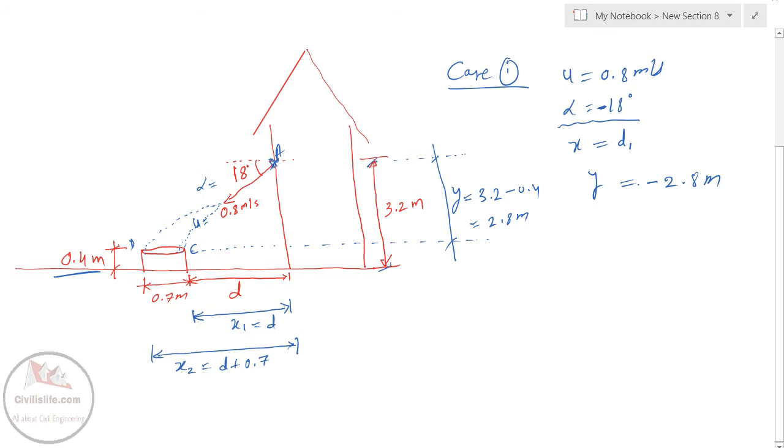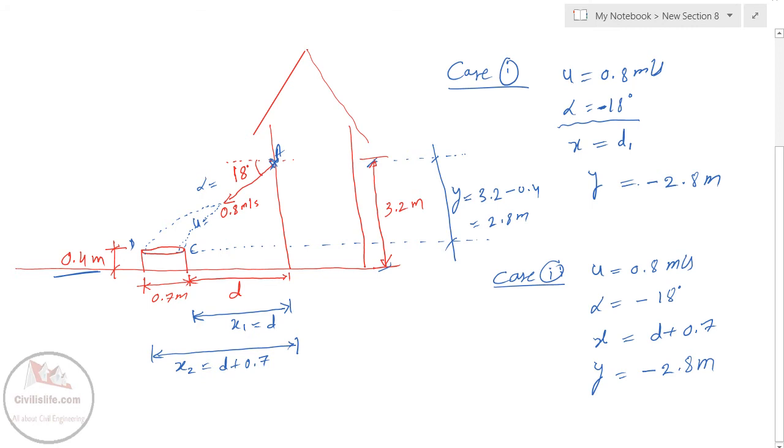Then for case 2 the data available is, it is moving with the same velocity 0.8 meter per second, and alpha is also the same, minus 18 degrees. Now here x is replaced by d plus 0.7, and y will be the same, minus 2.8 meter.